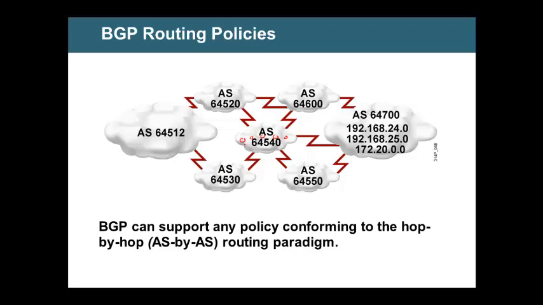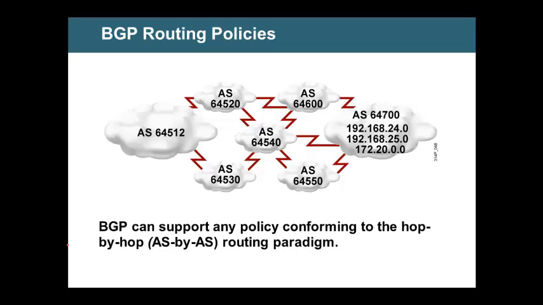They don't care how many routers are there within the autonomous system. They only see the autonomous system number. One hop is one autonomous system. BGP can support any policy conforming to the hop by hop routing paradigm. So one hop is one autonomous system.